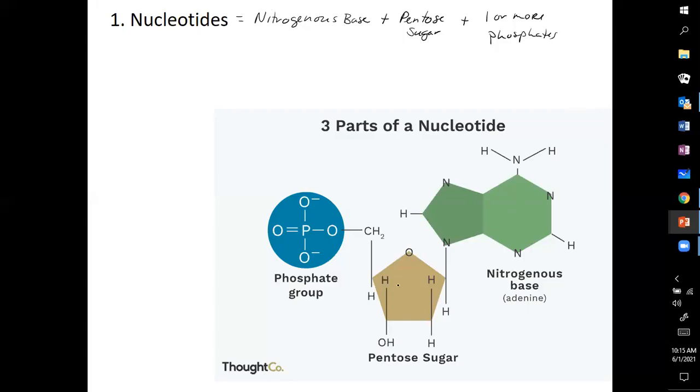So we've got our base component, our pentose sugar component, and our phosphate group. It is this nitrogenous base that varies between the different nucleotides, and I'm going to shorthand nucleotides for the rest of the semester as NT or NTs. It gives the nucleotide its identity because it is the variable portion.